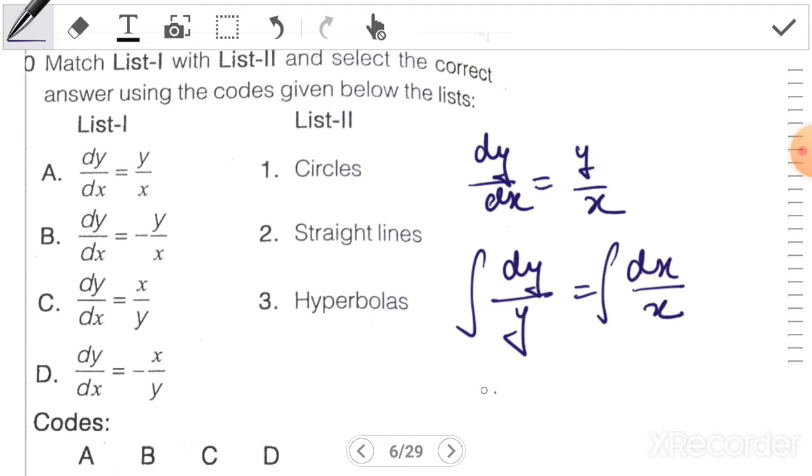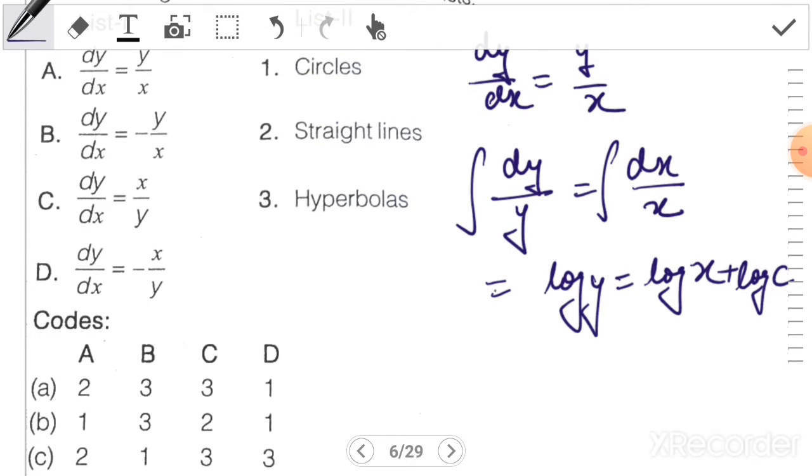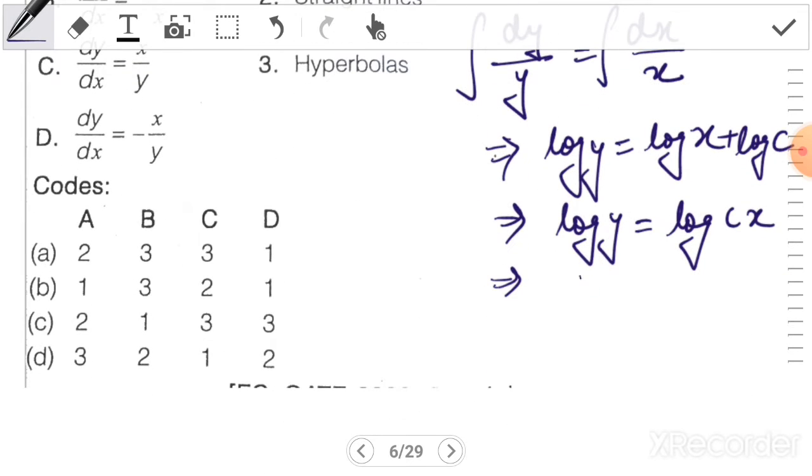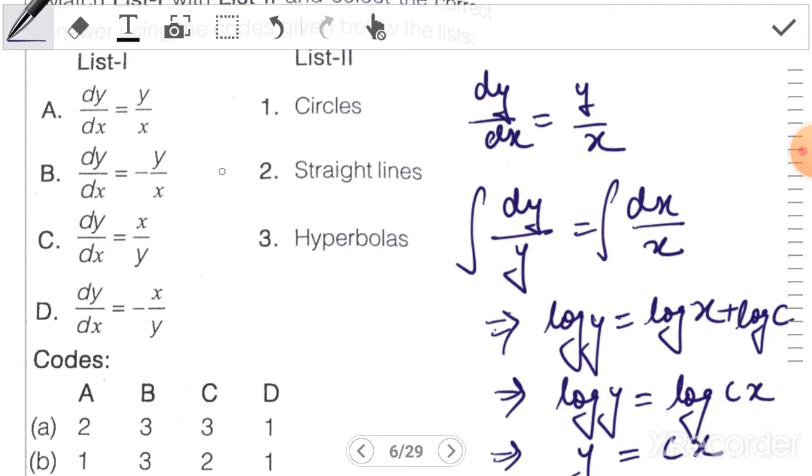Now integrating both sides, we have log of y equals log of x plus some constant c dash, which can be written as log c. So log y is equal to log of c times x, or taking antilog on both sides, we have y is equal to cx. This is the equation of a straight line passing through the origin with no intercept. So A is related to straight line.